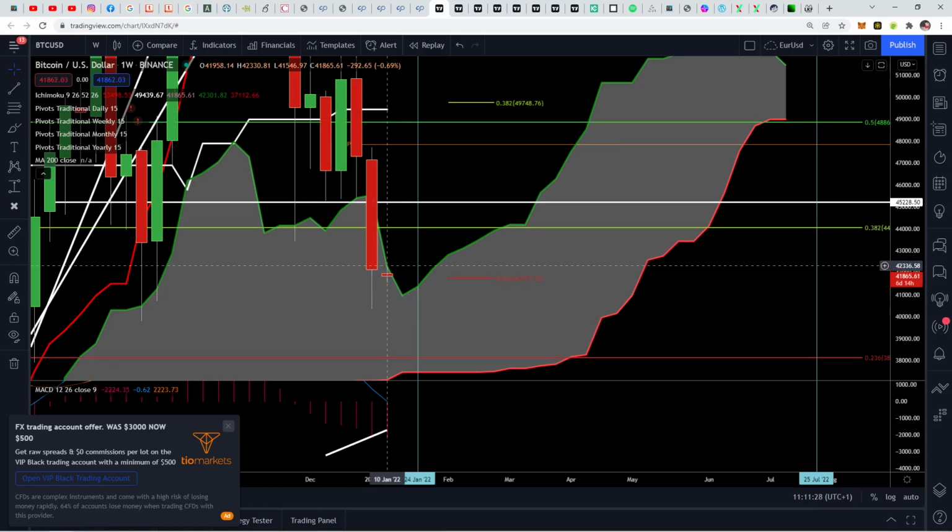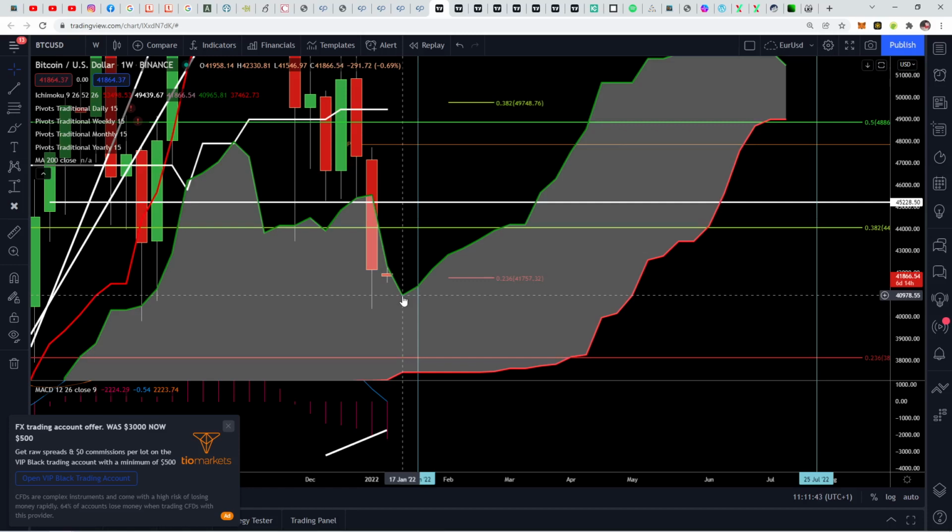So it has a little bit of room down. So if this happens, it's probably likely we will see a retest of this cloud, as I said, 40,000, 41,000 approximately.